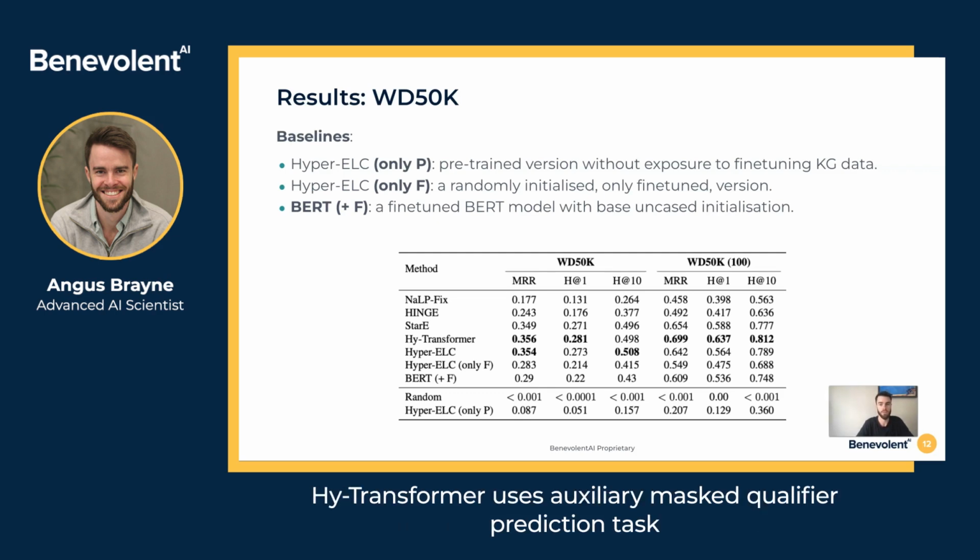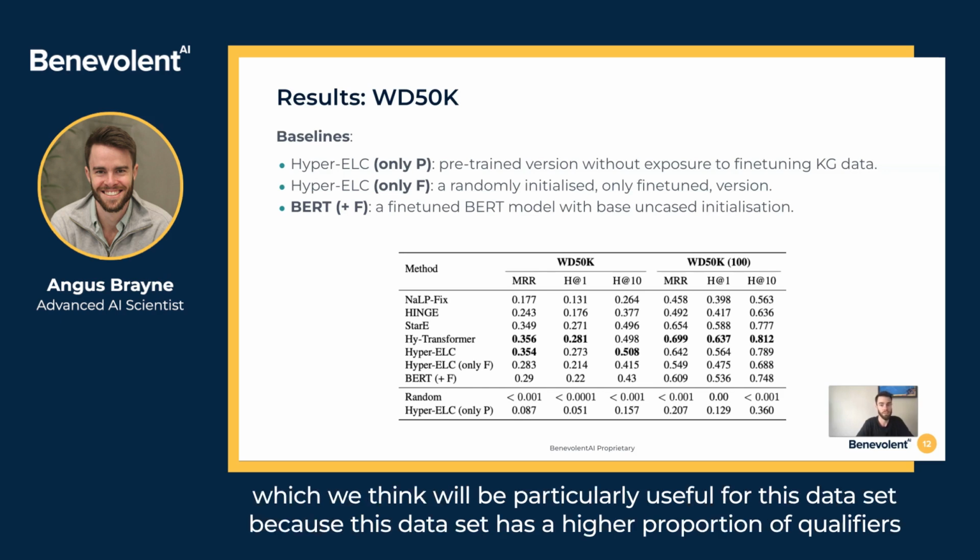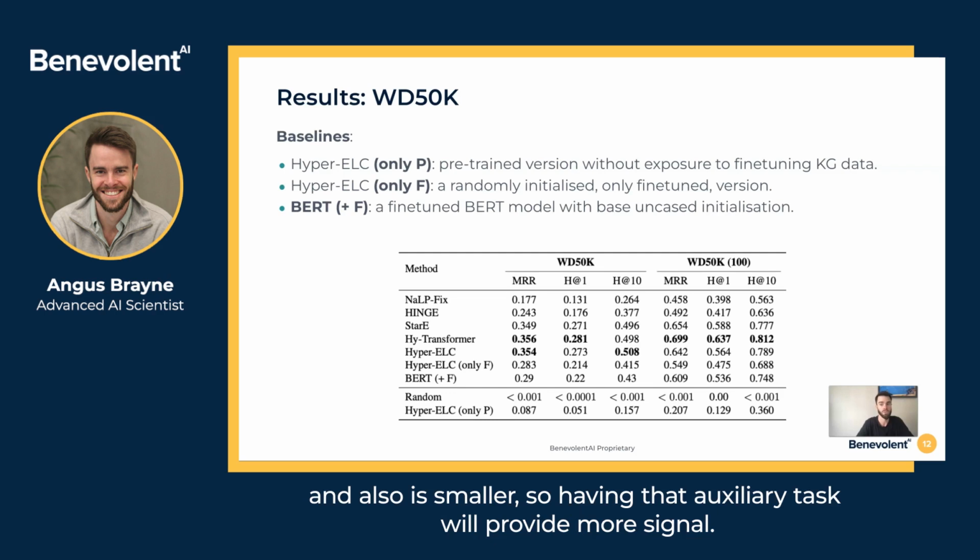HyperTransformer uses an auxiliary masked qualifier prediction task, which we think will be particularly useful for this dataset because this dataset has a higher proportion of qualifiers and also is smaller. So having that auxiliary task will provide more signal.